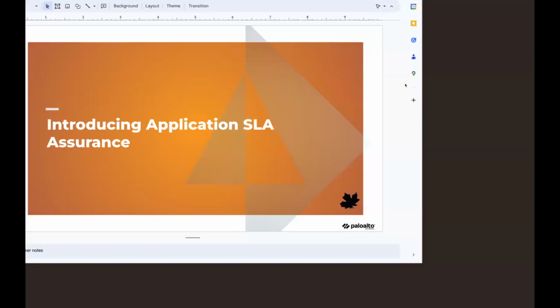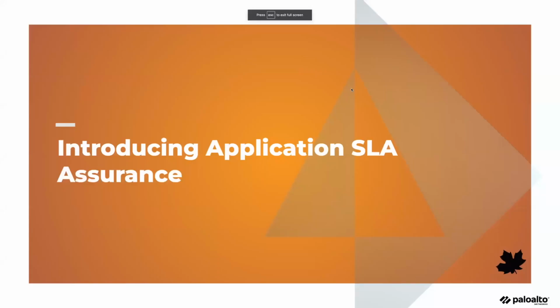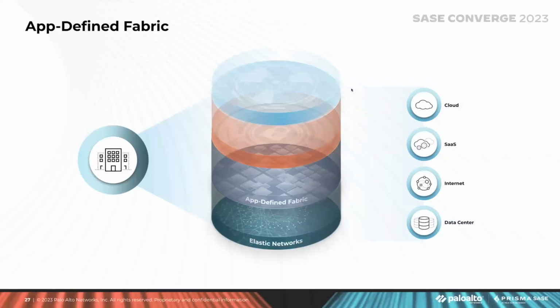And the first one being app SLA assurance. So what does this actually mean and where does it fit? So if you think about just the two base layers of Prisma SD-WAN, you have the elastic network layer, and that's where we have essentially pools of connectivity, could be 5G, 4G, internet, MPLS, private WAN of any sorts, all of that pulled together, and then you express your business intent through policy to leverage those different connectivity types.